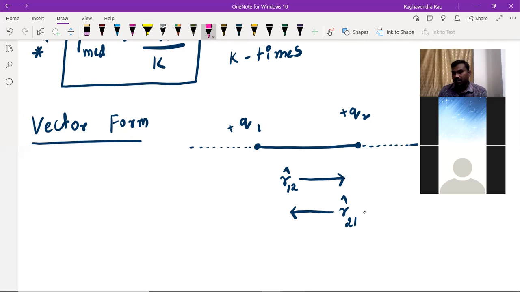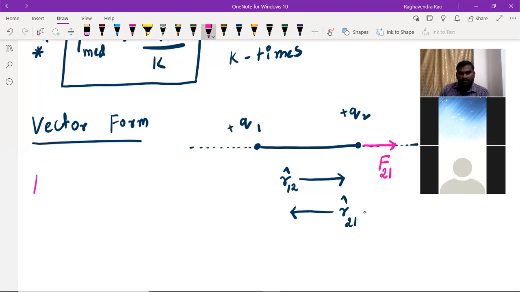Now you see, the force on 2 due to 1 is acting in this direction. That means it is along the direction of R12 cap.